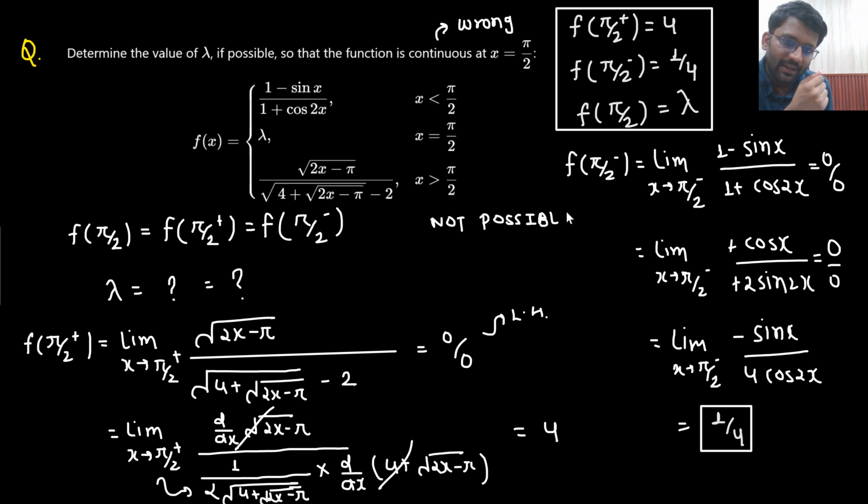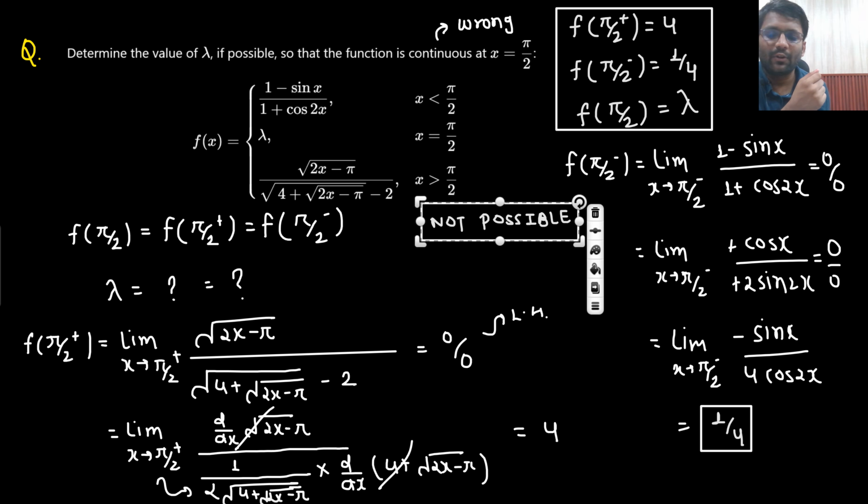There will not be any lambda for which the function will be continuous at x equals pi by 2. That means the function is discontinuous, because f of pi by 2 plus and f of pi by 2 minus are not even the same. 1 by 4 and 4 are not the same. That means the function is actually discontinuous. So the answer is not possible. Option D will be the answer.